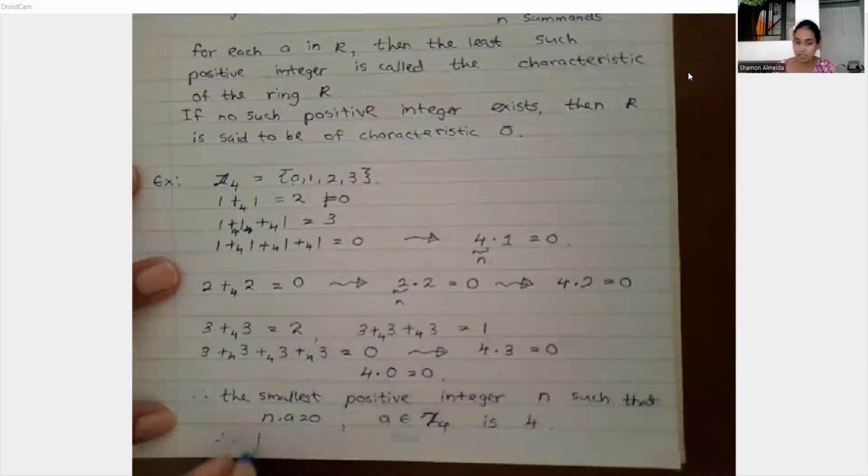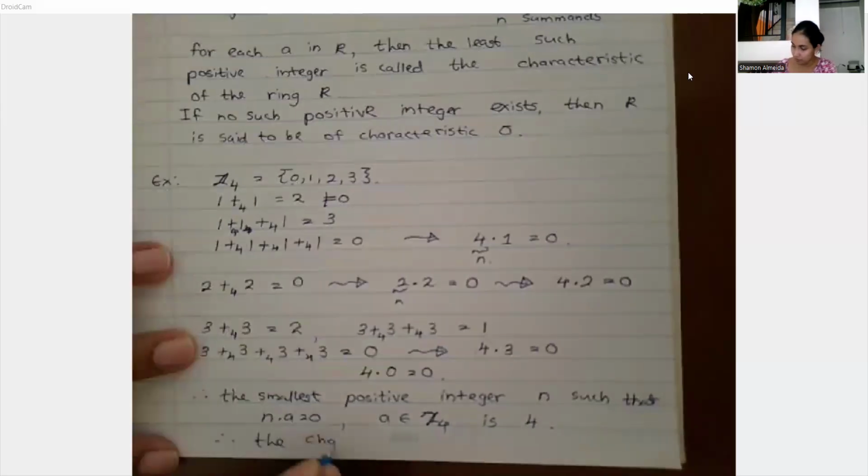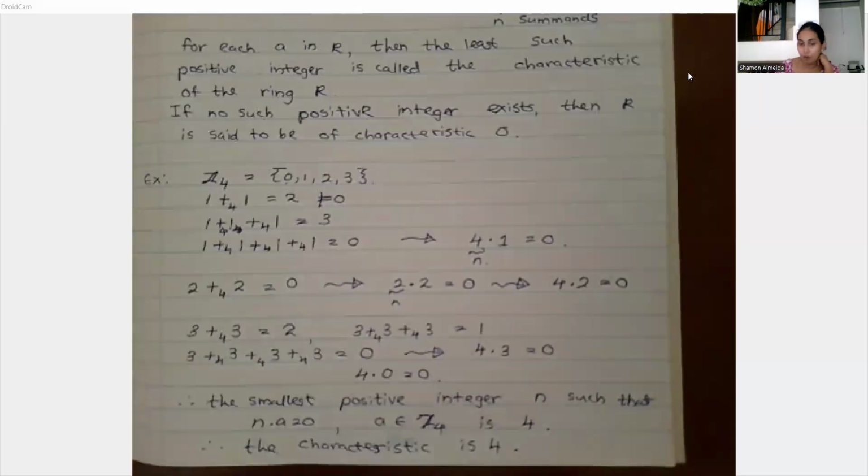Therefore, the characteristic of Z4 is 4. Right?